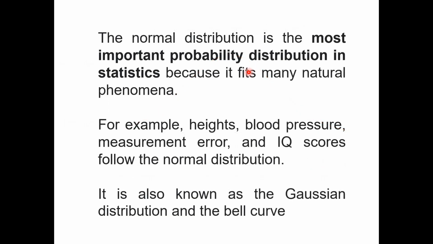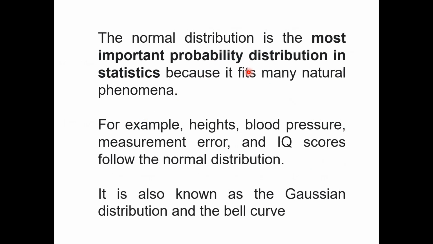Many phenomena are normally distributed, and that is the reason why normal distribution is said to be the most important probability distribution in statistics, because it helps us in many areas, especially in hypothesis testing, significance testing, inferential statistics. So this is a very popular distribution.